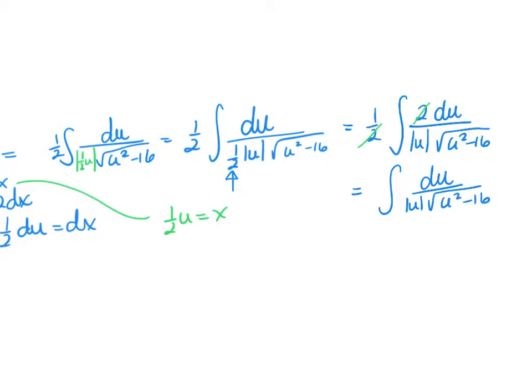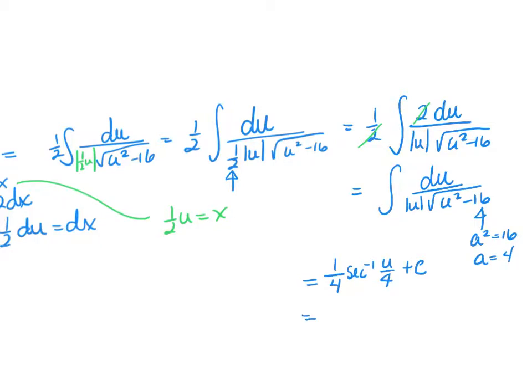Now it matches the secant inverse. Here, a squared is equal to 16. That means a is equal to 4. So this integral is equal to 1 over the absolute value of a, which is 1/4, times the secant inverse of u over 4, absolute value of 4 is still 4, plus c.